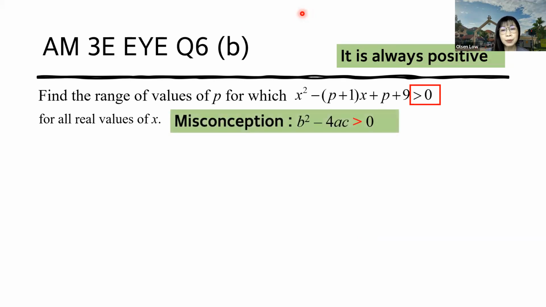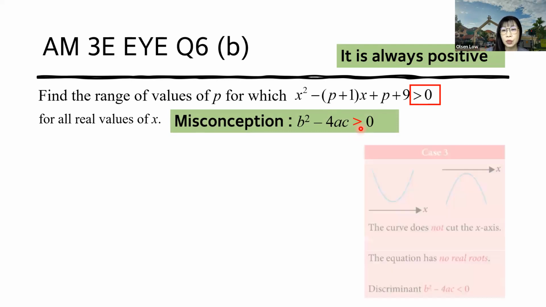The misconception is that a lot of students will simply follow the inequality sign. Because they say it's greater than 0, they also state the condition that the discriminant is greater than 0. But if you know your work, you must know that we are actually applying case 3 here, the third case.